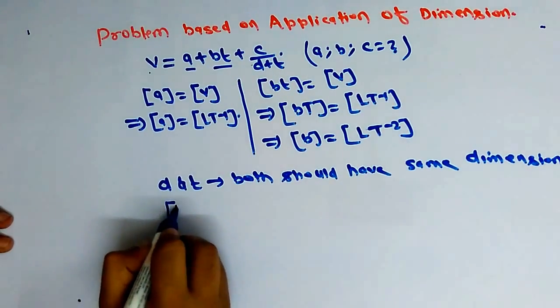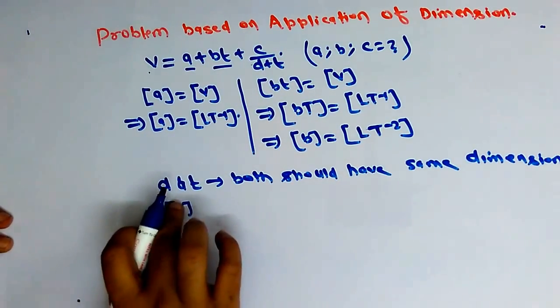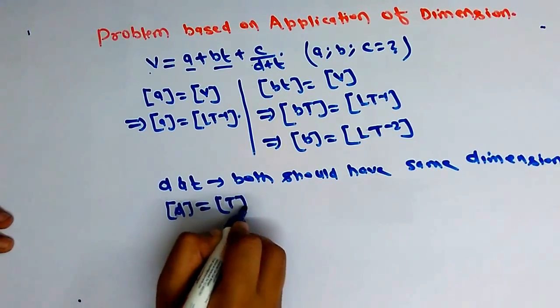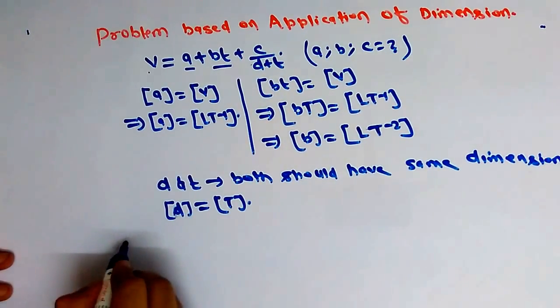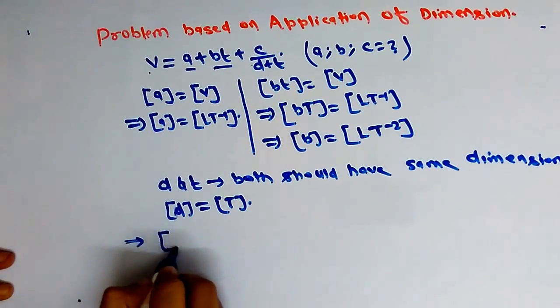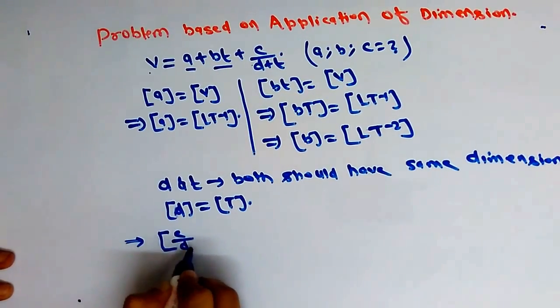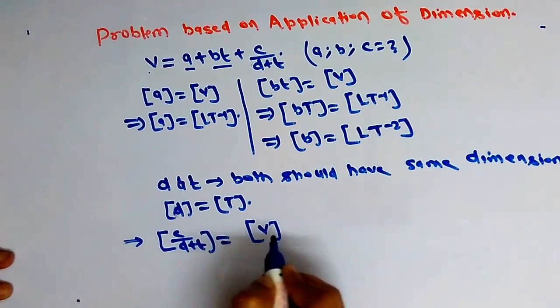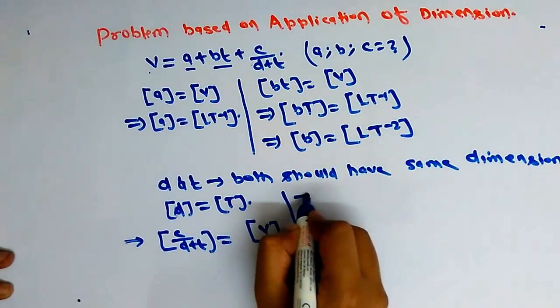So the dimension of d is the dimension of t. Now you know that the dimension of c upon d plus t is the dimension of velocity.